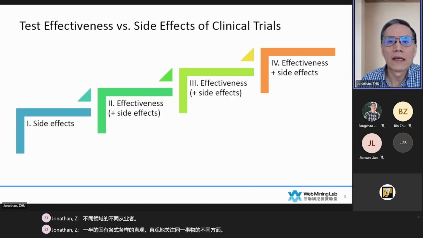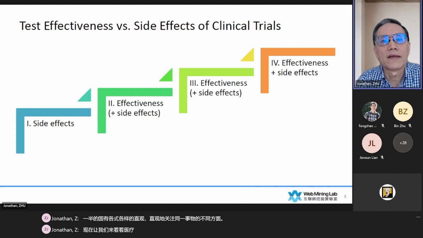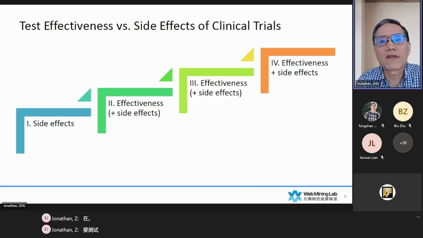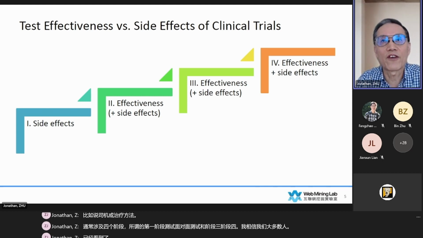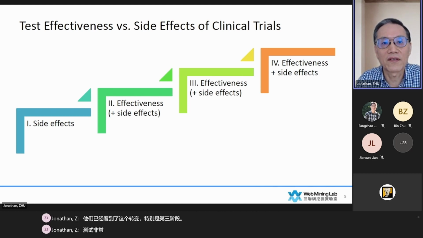Now let's look at medical practice again. To test the effectiveness and the side effects of, say, a drug or a treatment method, typically there are 4 stages involved, so-called phase 1 test, phase 2 test, phase 3, phase 4. I believe that most of us have seen this term, especially phase 3 test, very frequently in the news these days, right?